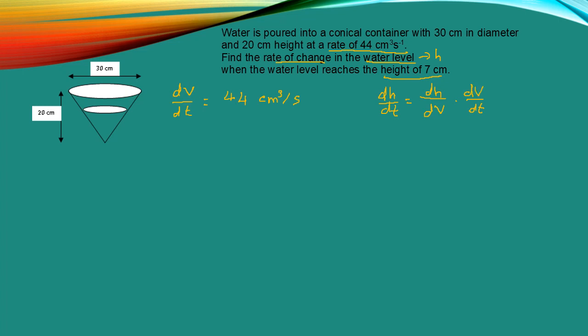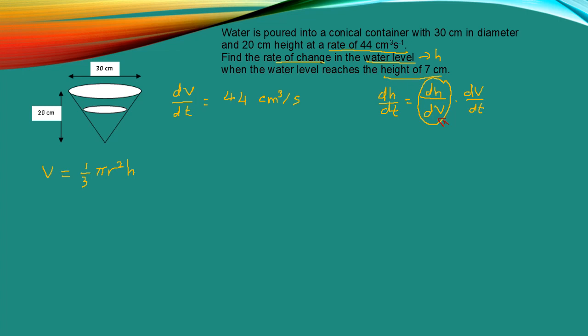So to formulate dH over dV, we can start from the formula for volume of a cone, which is equal to 1 over 3 pi r square h. We want to find dH over dV, or dV over dH from this equation, but here we have a variable r, or radius, so we need to change variable r into variable h.